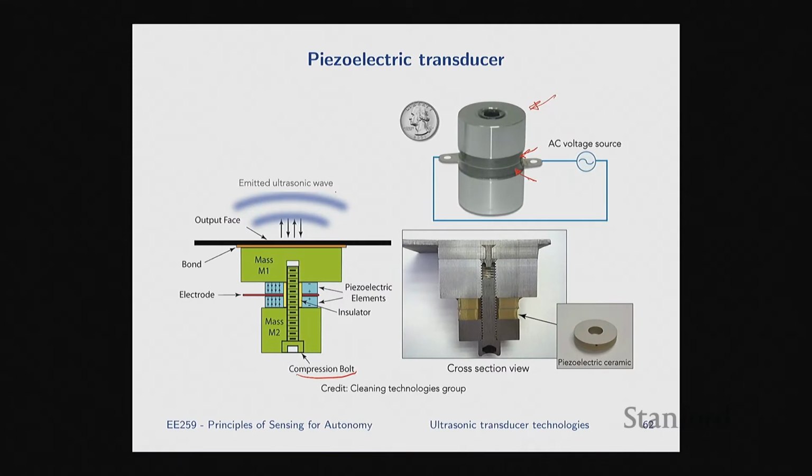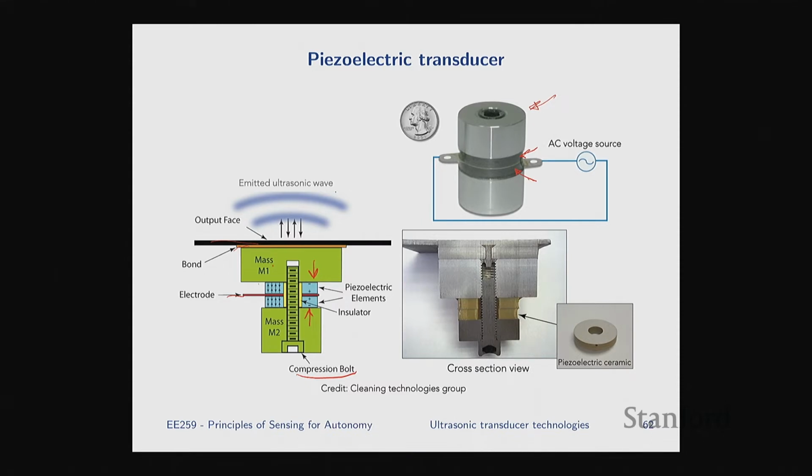So there's some compression applied to the piezo ceramics, and then as you apply a voltage to the electrodes, through the piezoelectric effect, they start vibrating at their resonance frequency, and then that vibration is coupled to the mass. So the mass vibrates, and then you can bond the mass to some output face, which becomes basically your emitter aperture, right?